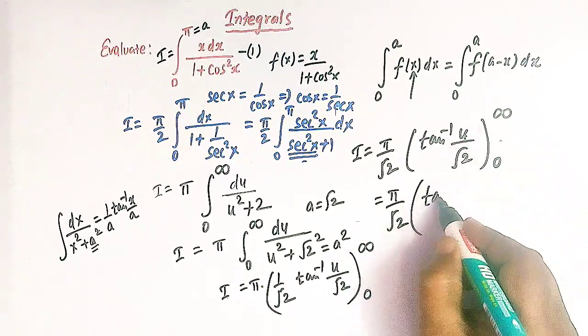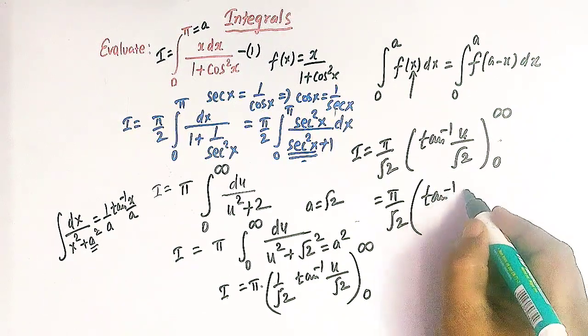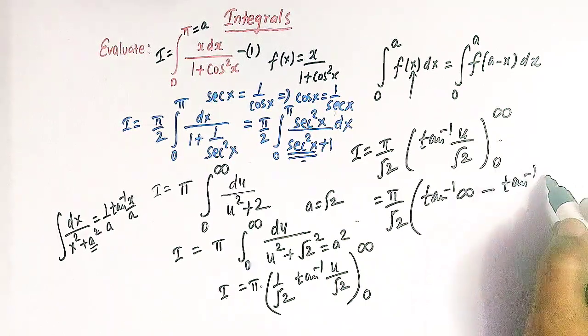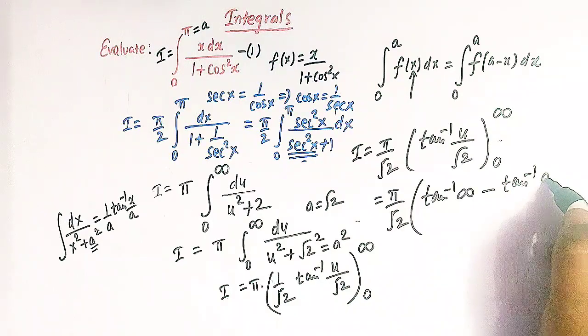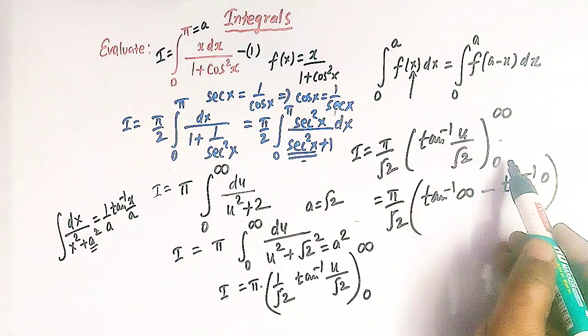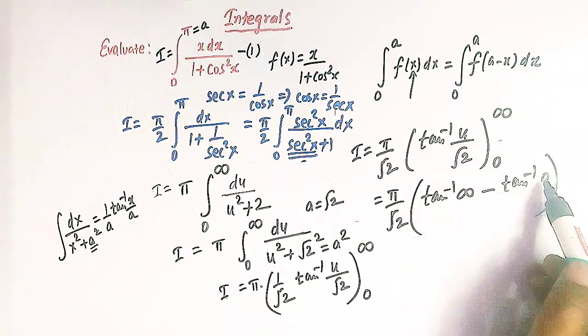So we have pi over square root of 2, and when we take u is equal to infinity, we have simply tan inverse of infinity, and then minus tan inverse of 0 over square root of 2, which is simply 0, right? So first we take u is equal to infinity, then u is equal to 0. So we have tan inverse infinity minus tan inverse 0.